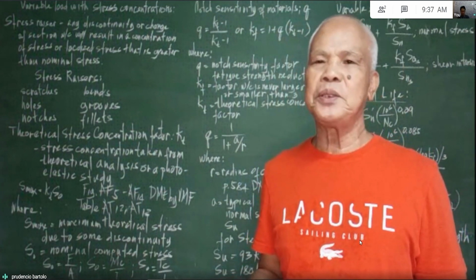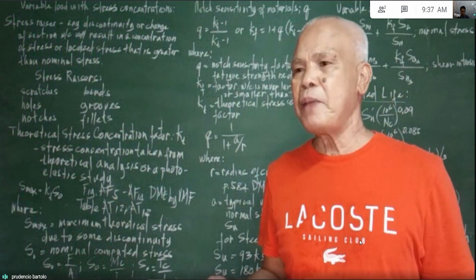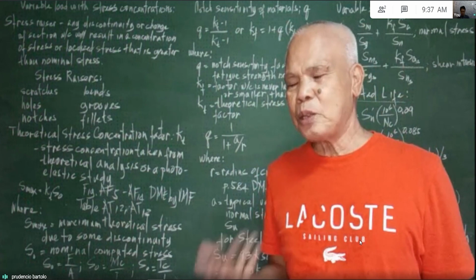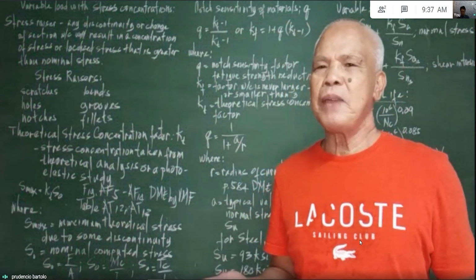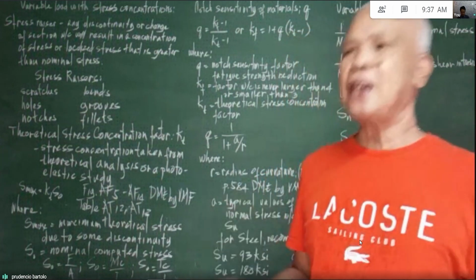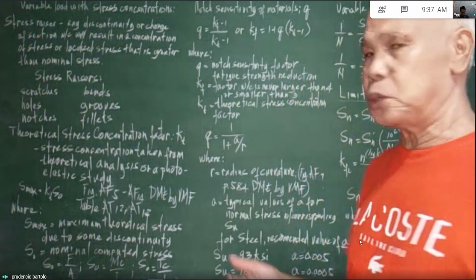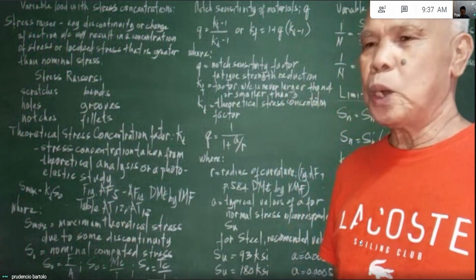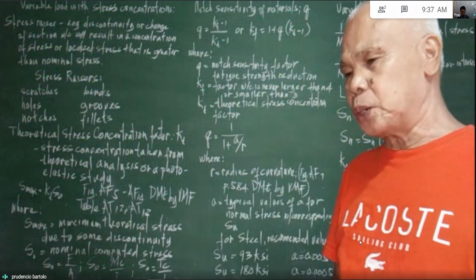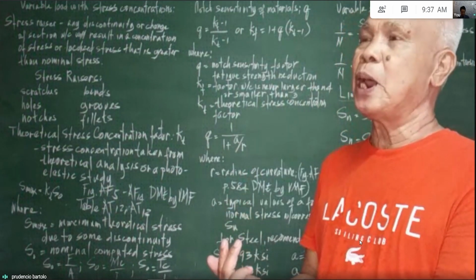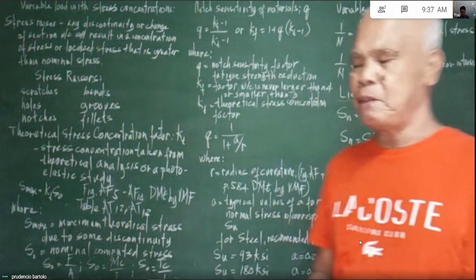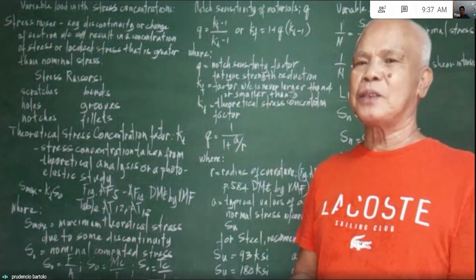In considering the endurance strength, we will have different factors that will affect the ultimate strength or the design strength, the design stress that we are going to use, which is referred to as the endurance strength. There are factors which we consider as the size factor, the surface factor, and the endurance ratio factor.